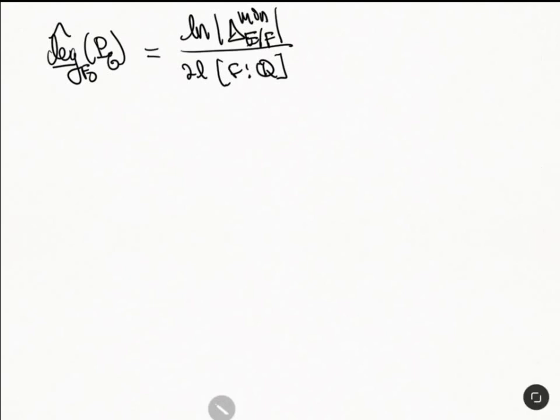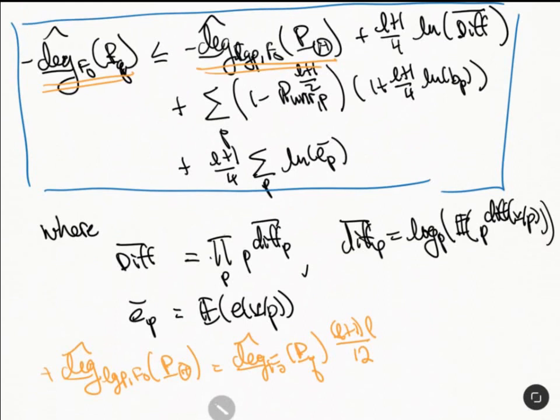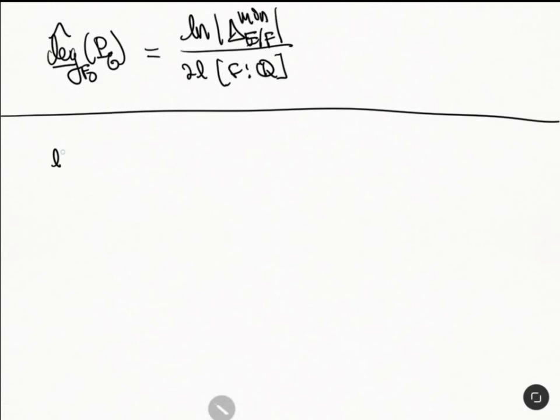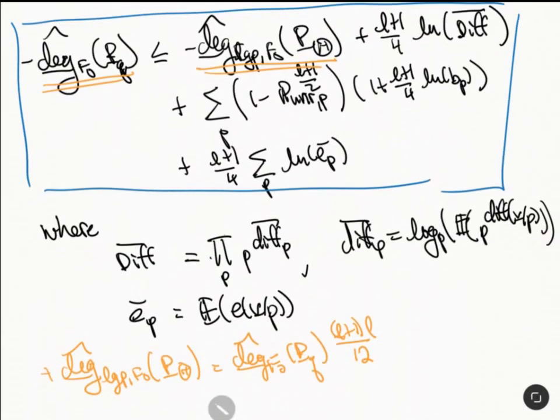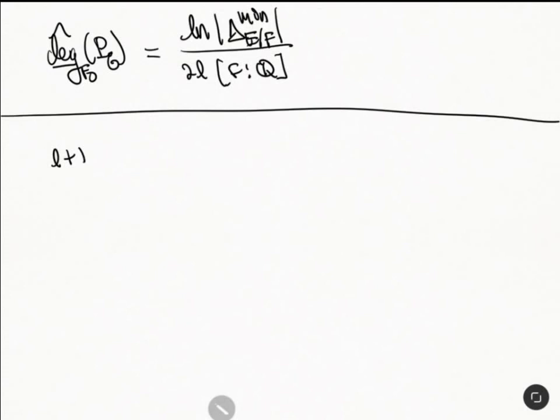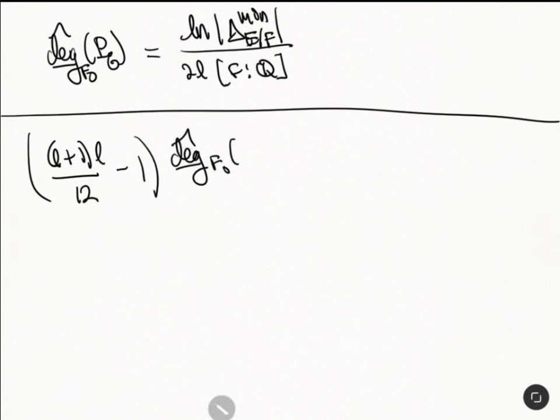So let's put this together. Let's start over here. This can go to the other side, so here we have L plus 1, and this is a minus, so now it becomes a plus, L plus 1, L over 12, minus 1, now we have this degree of PQ.